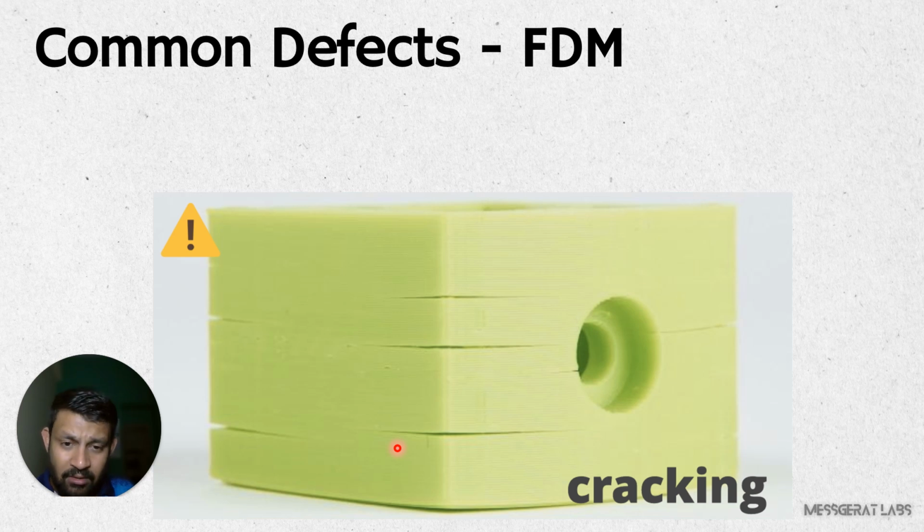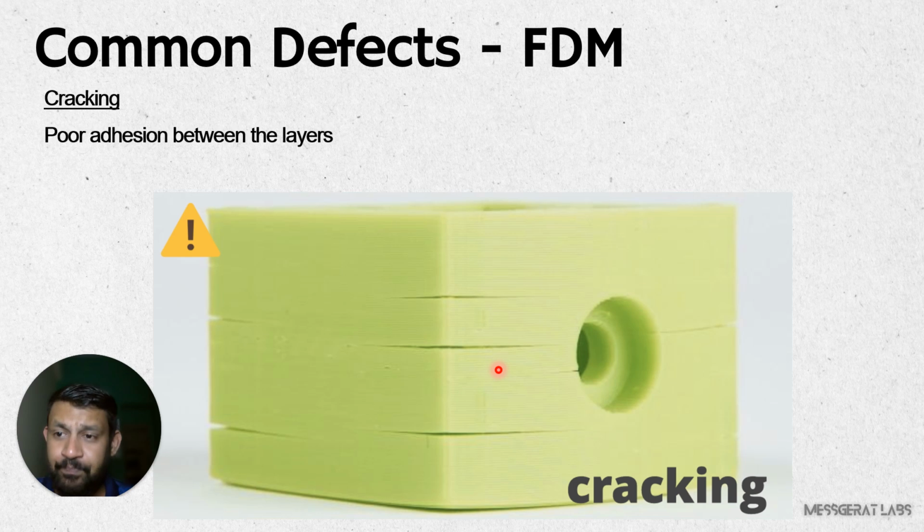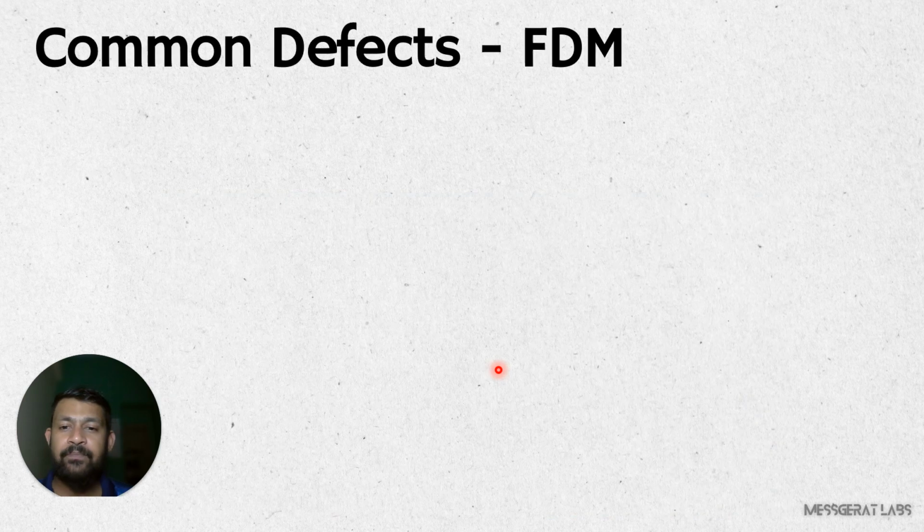They do not come in contact with each other, they tend to warp, and that's why we see this kind of cracking. Cracking is again due to poor adhesion between layers and also thermal shrinkage. So most of the defects will be because of thermal shrinkage or thermal contraction.